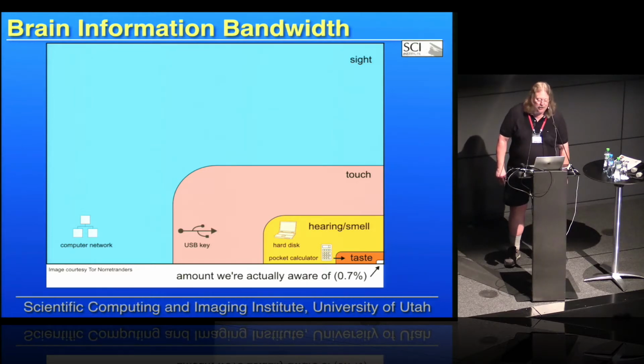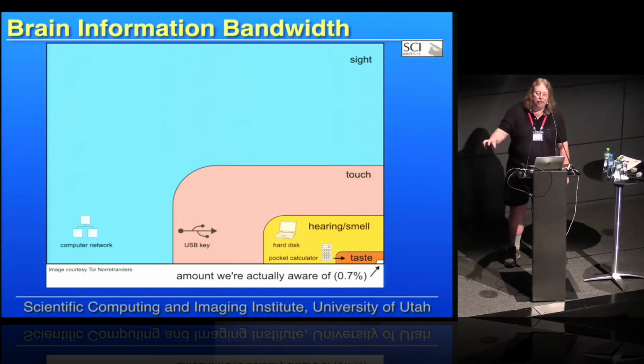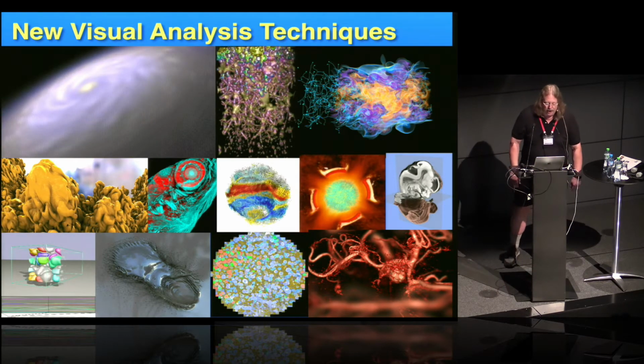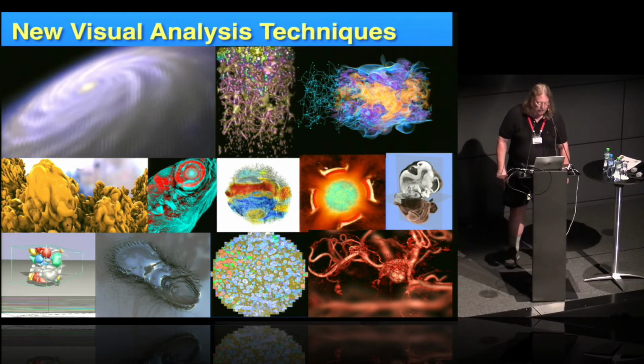So it would make some sense that since we have so much of our brains associated with sight and vision, and it's so fast, if we can figure out ways to take data, and that is often large scale and is often complicated, and find the right abstractions, find the right mappings of that data to our visual cortex, that might be a reasonable way to understand this large amount of data that we keep getting more and more of all the time.